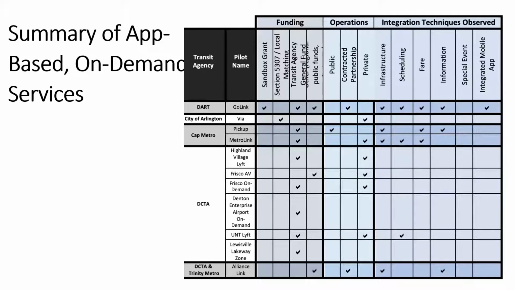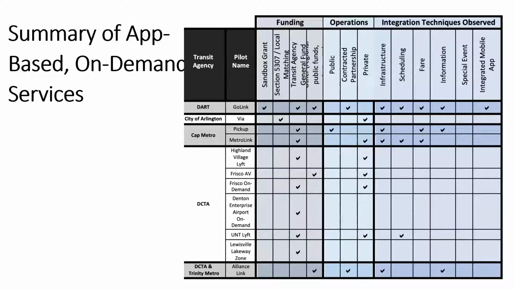This is a summary table of the services showing the different funding sources that supported them. You can see there was one that was funded by a sandbox grant that was in the DART service area. There was also one that was supported by 5307 matching funds. That was in Arlington.